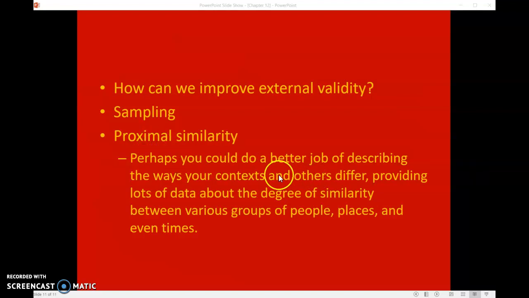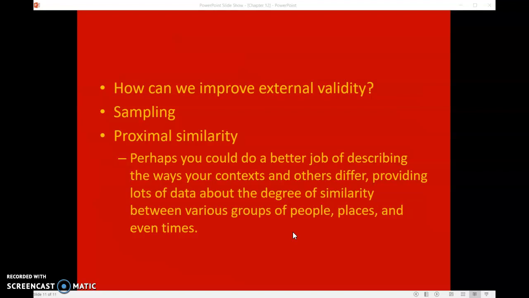If you can do a better job of describing your context and providing lots of data about the degree of similarity between various groups, people, places, and even times, if you can provide evidence that, yes, you may be doing this in Northwest ISD, but Northwest ISD looks like A, B, C, D, and E, and there are these other districts that look like Northwest in terms of A, B, C, and D. It is trying to connect your people in their place in that time context to somewhere else.